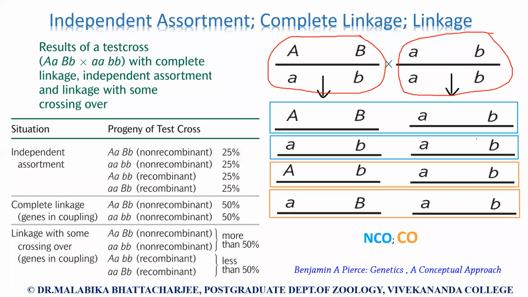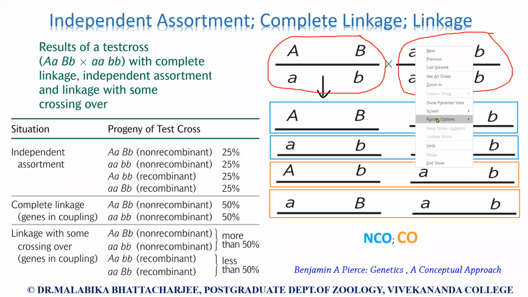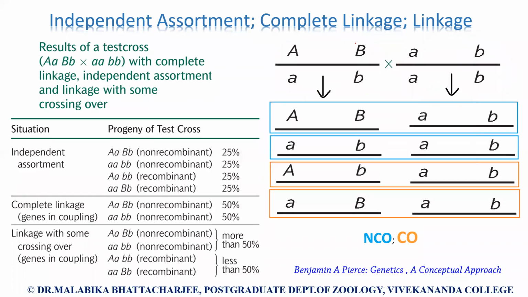Now, if we look into this scenario, what are the possible combinations of gametes which can be obtained? We are now looking into what kind of gametes we will be obtaining from this particular organism.